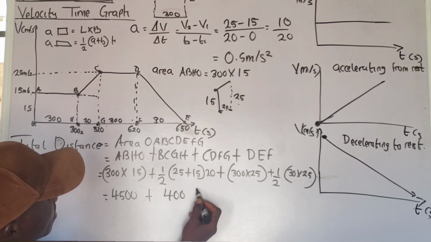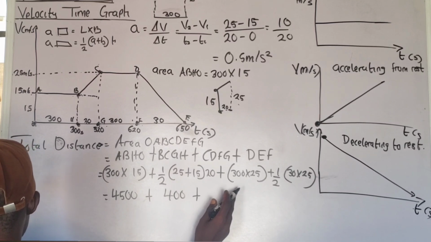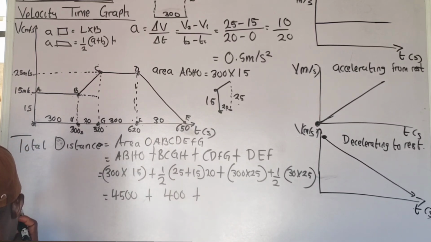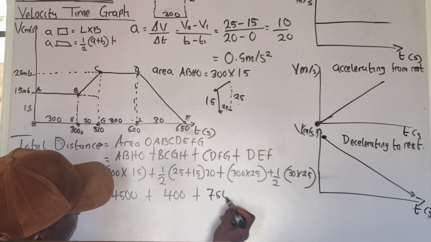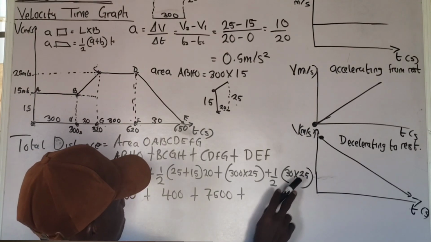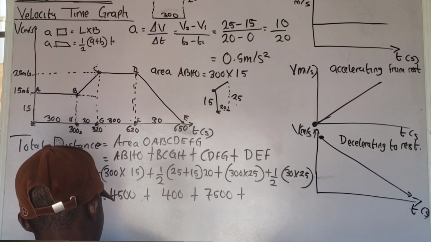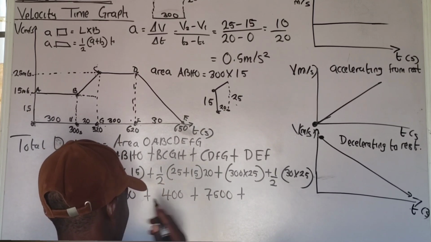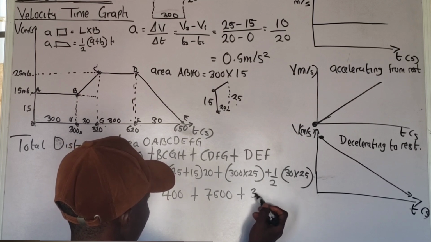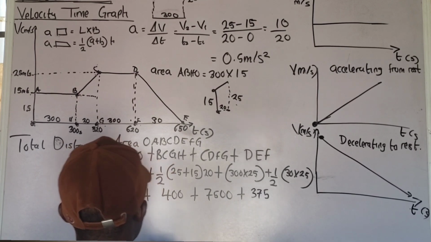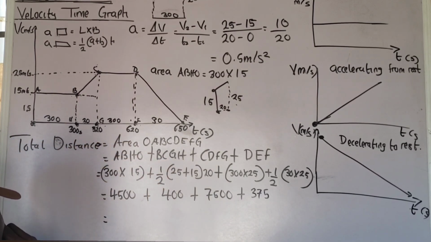So I'm going to have 400 plus 300 multiplied by 25, that will give us 7,500, plus 30 times 25, that is 750. 750 divided by 2 will give us 375.